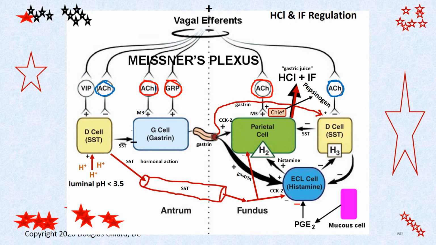Meissner's plexus releases acetylcholine, ACh. Acetylcholine can stimulate the G cells in the antral region of the stomach to release gastrin.